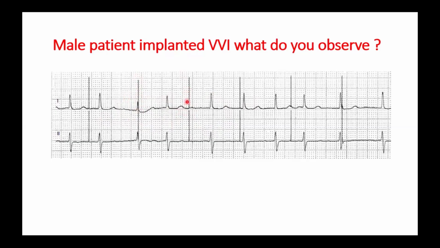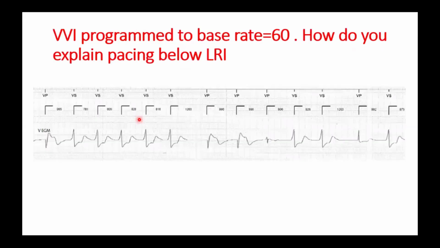Also, when the pacing spike occurs in the baseline, there is no capture. So this is a typical ECG of a pacemaker with failure in capture and undersensing of the ventricular lead.